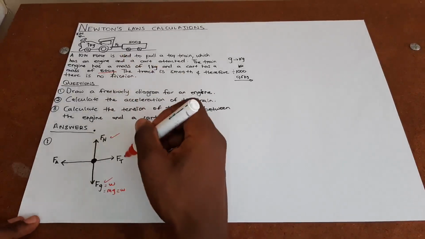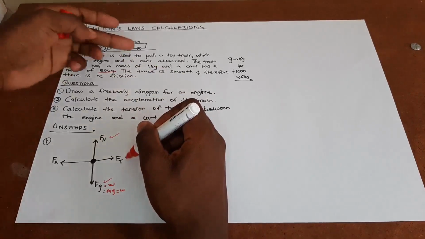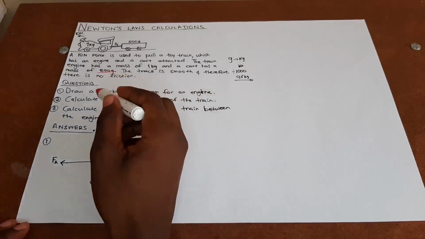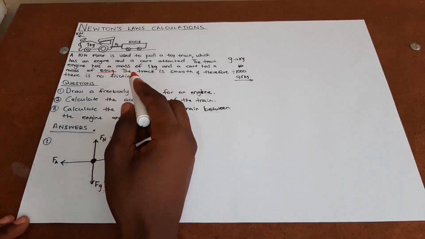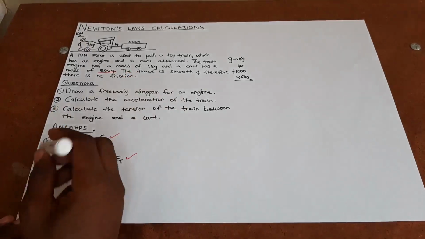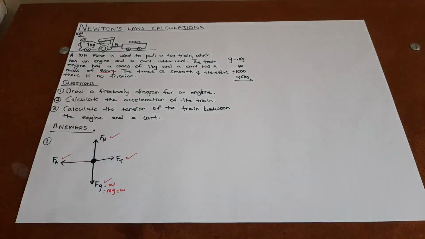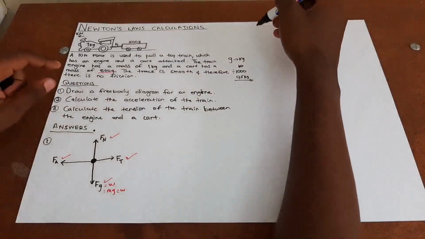We have Ft, which is pulling back this engine. We have the applied force, which is 10 newtons, applied by the engine to move the train. So that's how it goes, guys. Let's jump to question 2.